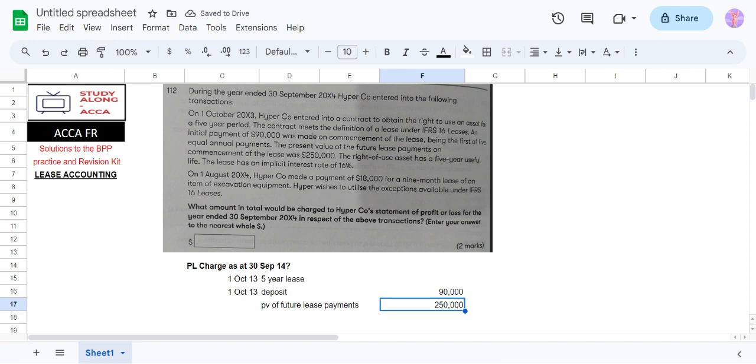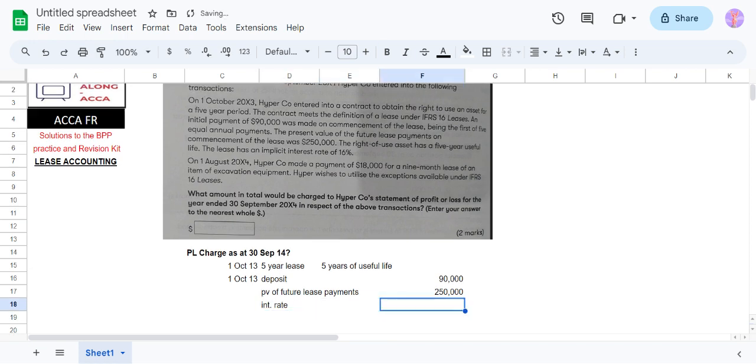The right of use asset has a 5-year useful life, so we have a 5-year lease and the asset's useful life is also 5 years. That means the depreciation will be over 5 years because we have a 5-year lease. The lease has an implicit interest rate, so the interest rate is also given. It is 16%.